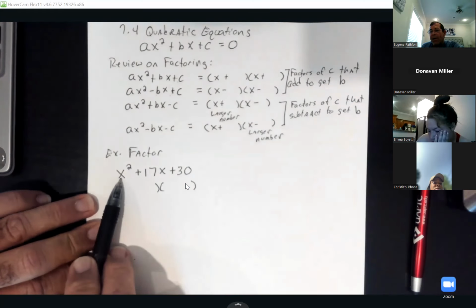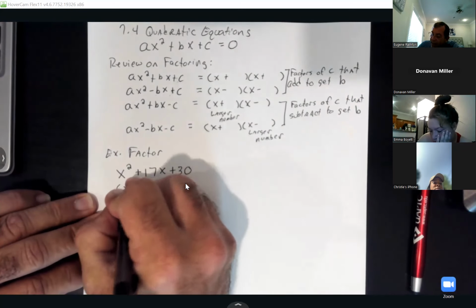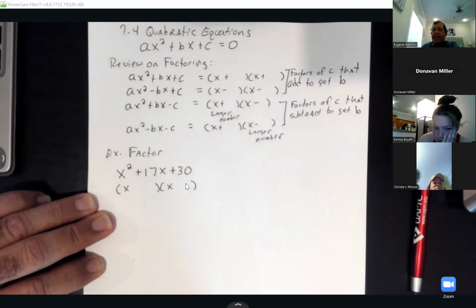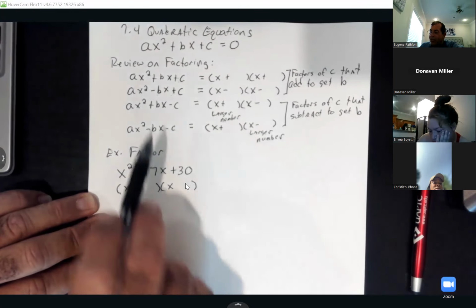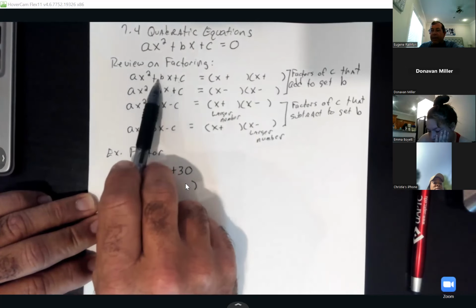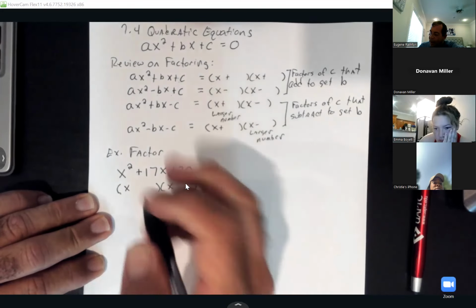Since I got an x squared in the front of this trinomial, that means the only way to get an x squared is an x times an x. Now, both these numbers are positive, so we're going to follow the first case up here. And up here we said if they're both positive, both my factors will be positive.